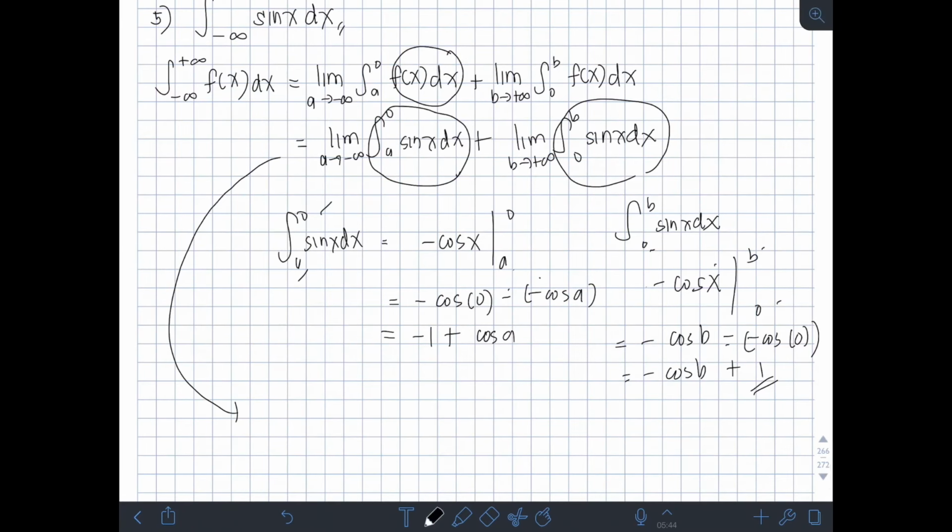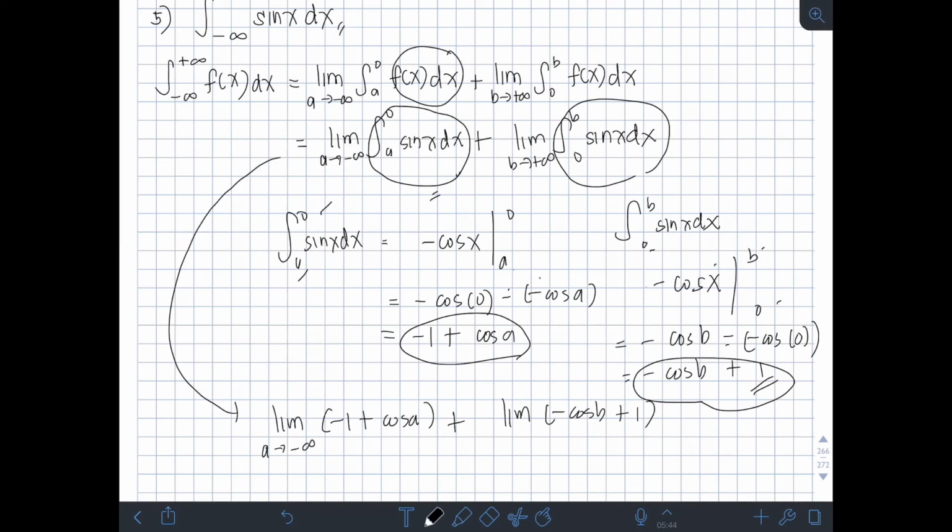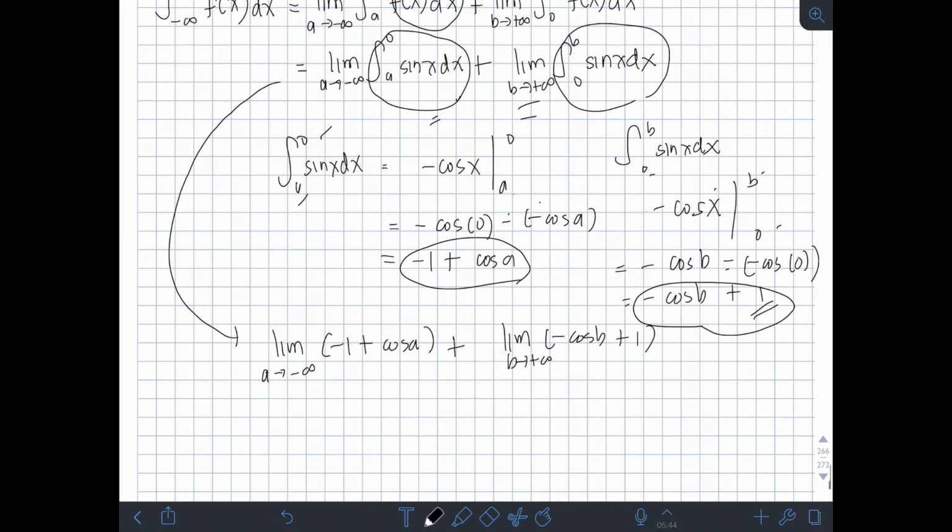Then, tsaka natin evaluate yung limit. So, limit nung, para sa unang expression, ito yon, right? Negative 1 plus cos a as a approaches negative infinity. Plus, sa second limit, yung expression naman is ito, negative cos b plus 1, this time as b approaches positive infinity. So, distribute natin yung limit.